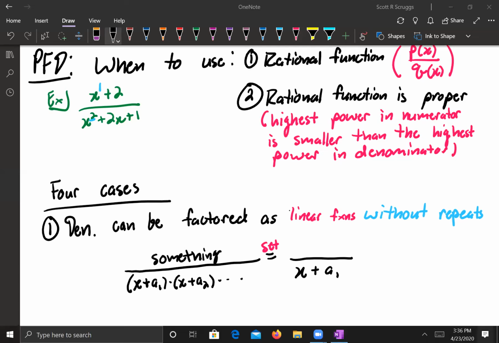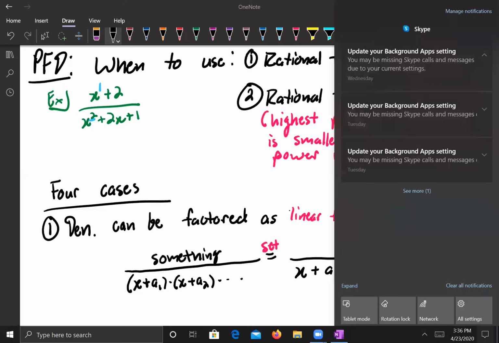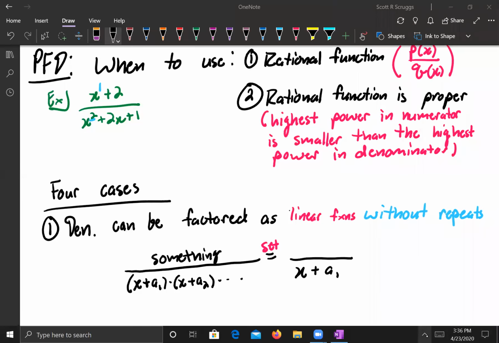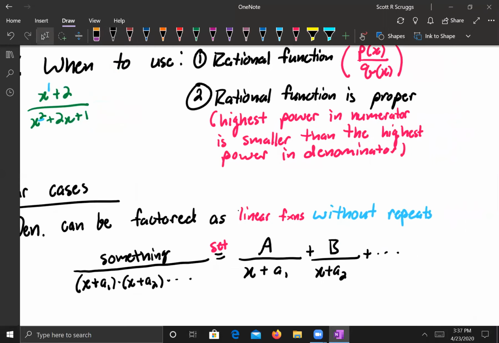I have a linear function in the denominator, and the derivative of a linear function is a constant function. So I have a placeholder constant that I'm calling capital A. I keep doing that until I've exhausted everything that appeared in the denominator.